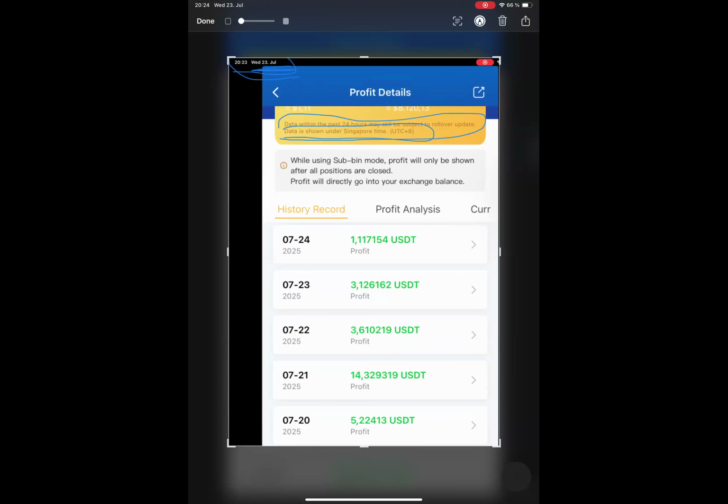Today is 23rd of July, but you can see profit has been made for the next day. Why? Because the RoyalQ system uses the Singapore time. So if you don't find yourself within a time zone that uses UTC plus 8, you can be making profit for the next day, though you haven't entered into the next day. And that is flex.